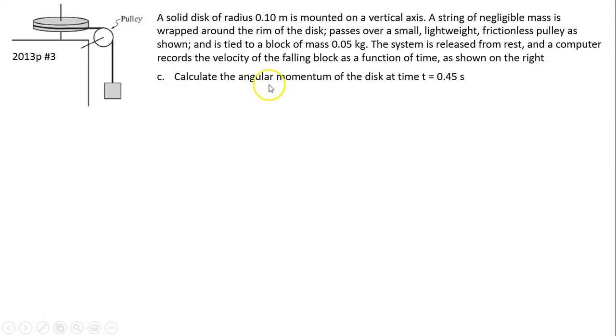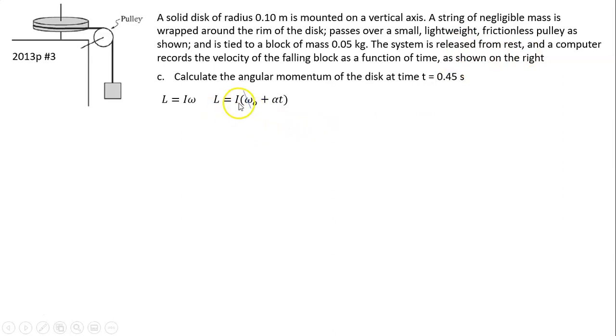Part C. Calculate the angular momentum of the disk at time t equals 0.45 seconds. Angular momentum equals I times omega. This is constant acceleration, because the force is constant, and so is the torque. So omega equals omega naught plus alpha t. The system is released from rest, so omega naught equals 0.